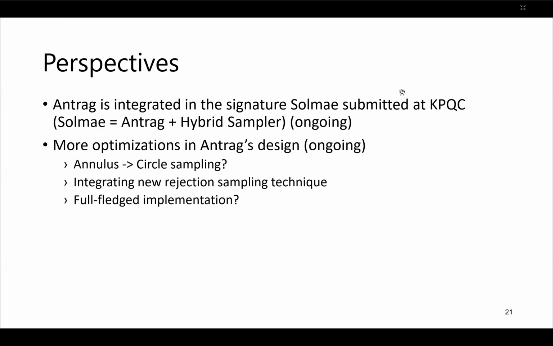And for the future work, we would like to have more optimization in the design of untype. We would consider the circular sampling, the new sampling techniques which has been presented in the best paper this year, and we would like to have a full-fledged implementation of this whole system. This is the end of my presentation. Thank you for your attention.